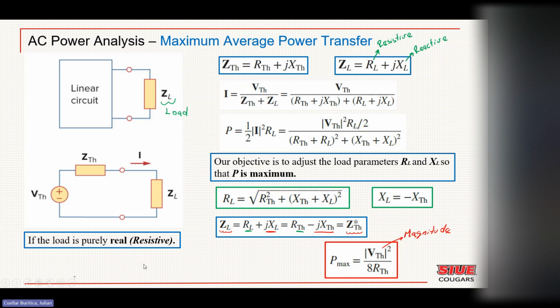If the load is only resistive, it means that now our load is going to be equal to the absolute value of the Thevenin impedance, and the maximum power is going to be the same formula that we were using before: the absolute value of our A phasor squared times resistance over 2.